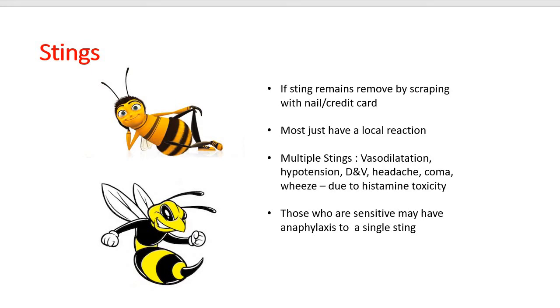This is the body just not liking what's happening, so diarrhea, vomiting, and then usually quite an extensive rash over the body. These are warning signs that something bad's happening. Certainly, if there's swelling around the mouth, that's a really worrying sign, because that makes us worry about a loss of airway.